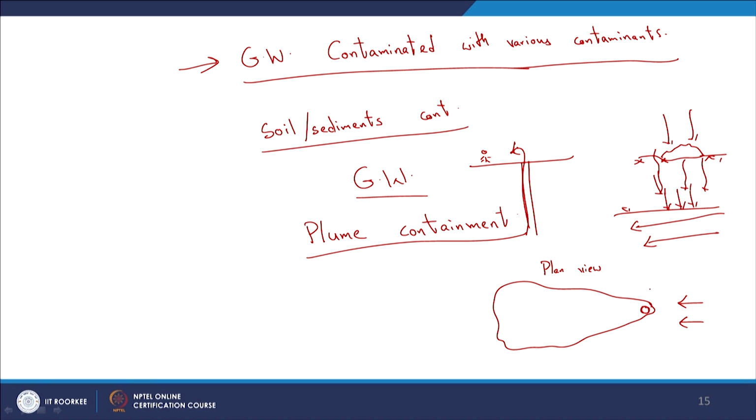Rather than treating it, since pump and treat is one option, I am just going to try to contain it so that it does not spread to a larger area, leading to contamination to a wider extent. So I am trying to limit the extent of damage. How do I go about plume containment?